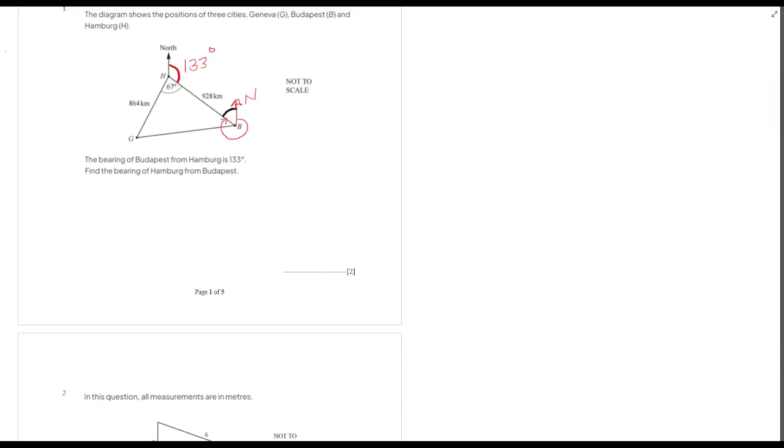To get this angle, first you can find out this angle, which is 180 degrees minus 133 degrees. 180 minus 133 will be 47 degrees, and then the bearing you will find by subtracting this 47 from 360 degrees.